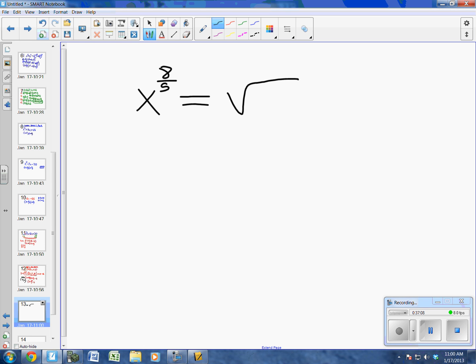That's a radical. What's going to go right here, everybody? 5, the bottom number. What's going to go as a power? You guys remember doing that? Okay, what about x to the 1/6 power? How would I write that? The 6th root of x to the 1st power.